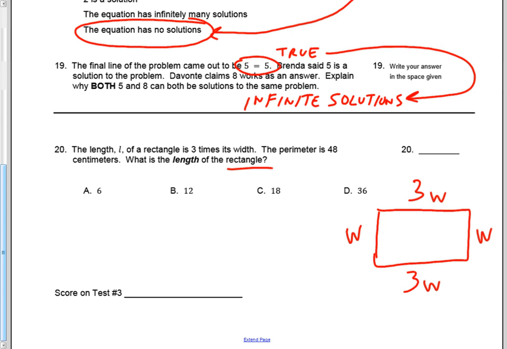That's what you needed. As soon as you see 3 times its width, you can write down whatever variable you want, but I'm using W for width. 3 times width, 3W. This is the width, the shorter side. This is the length.